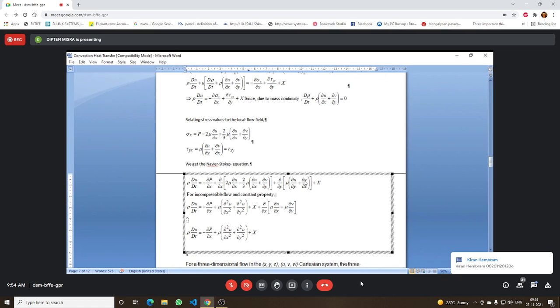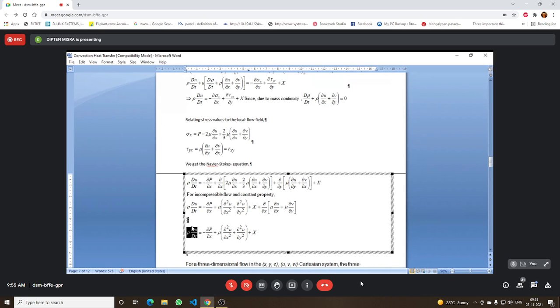We have one part here, we have one part here, and this part goes over here. del y of del u del y is del 2u del y square. One part of this del x of del u del x is this thing, another part is connected over here. So finally, it becomes much more less awkward looking.